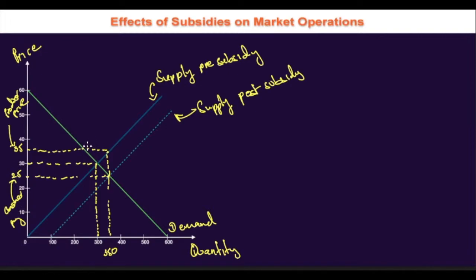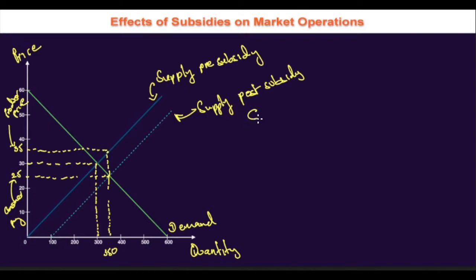So what is the consumer surplus? It is the difference between the price that they are willing to pay and what they are actually paying. Pre-subsidy, they were buying the product at 30 rupees, but they were willing to pay 60 rupees.